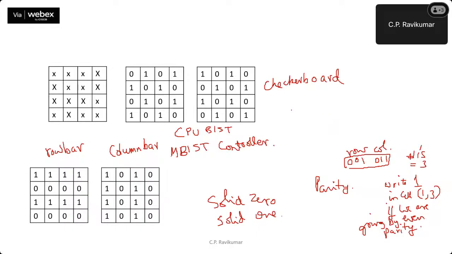So even the checkerboard pattern will require 4n operations. Any algorithm that takes a linear amount of time in terms of the number of bits is considered okay, right? Because I don't know whether we can do anything better than that. So this is acceptable, right?